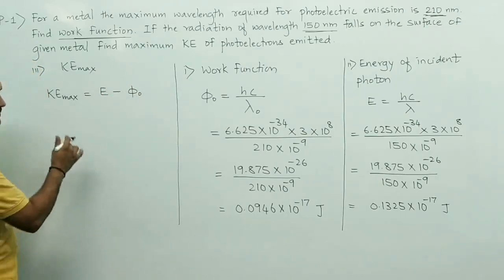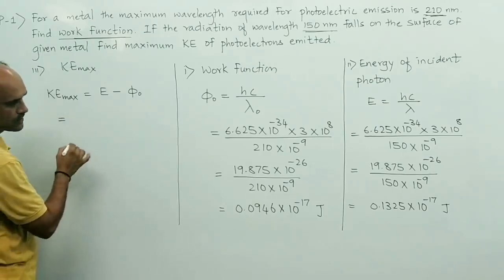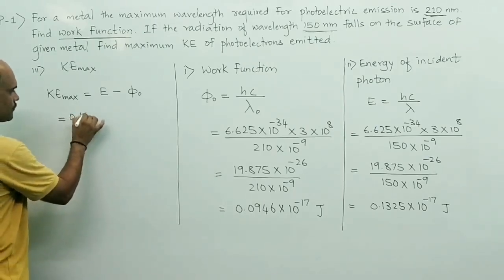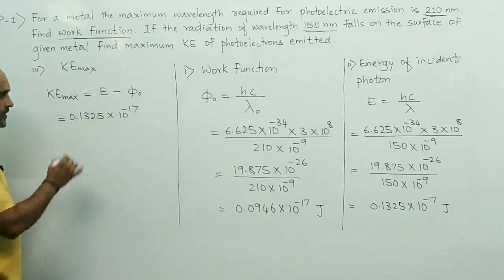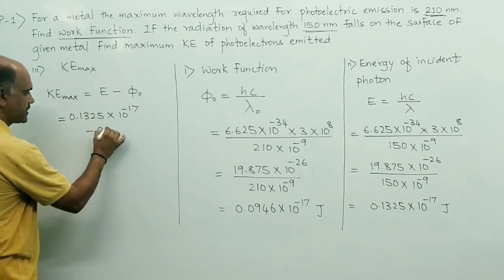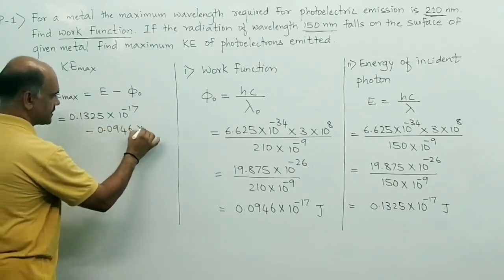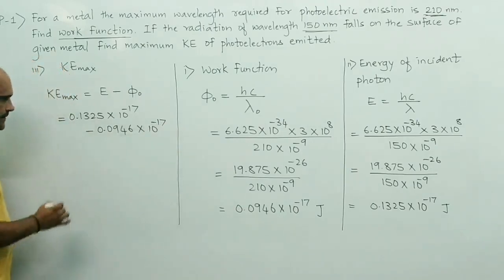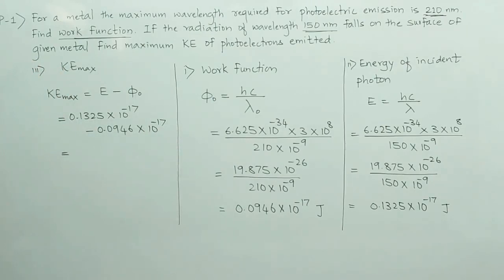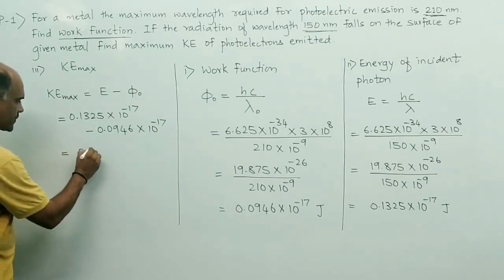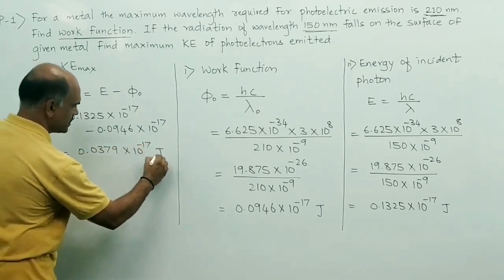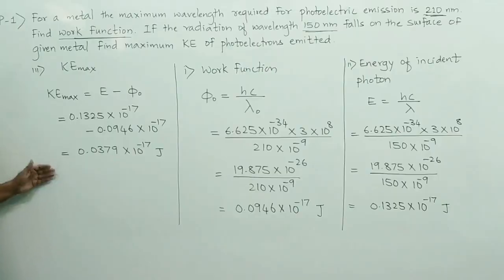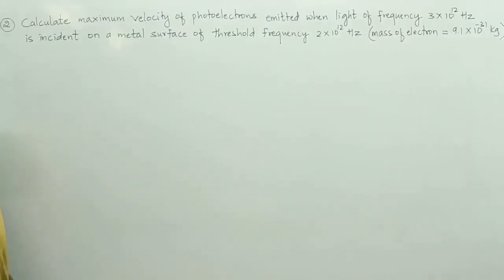If I substitute, I will have Ke max is equal to 0.1325 into 10 raised to minus 17 minus 0.0946 into 10 raised to minus 17. So subtract, you will have the answer. If I subtract, I will get 0.0379 into 10 raised to minus 17 joules. So this is maximum. Now we will see the second one.